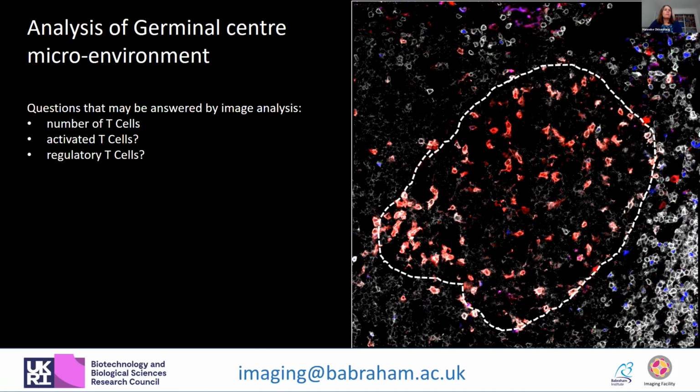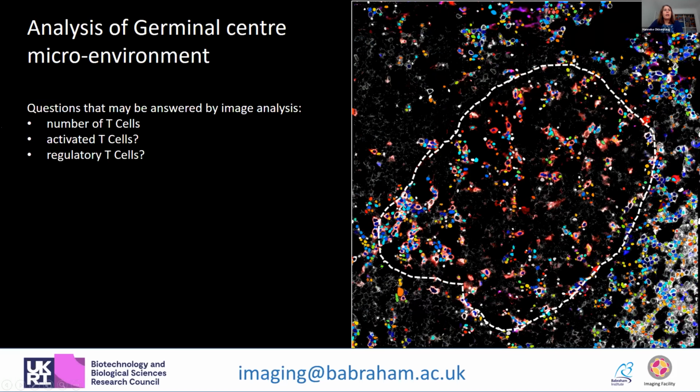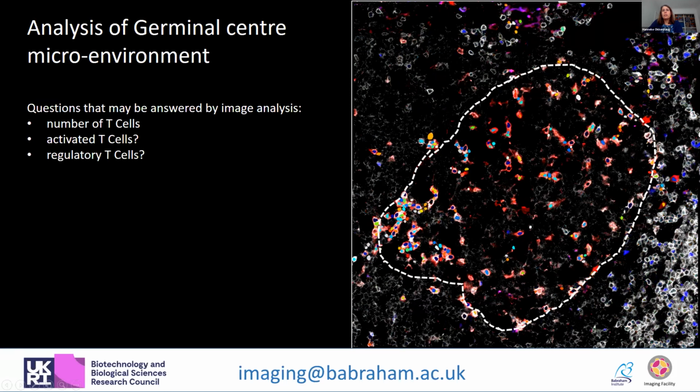You could find out the number of T cells and the number of T cells that actually are activated, and the number of Tregs. And you can then again find out how many of these specific cells or cell types or cell subtypes are located within the germinal center.